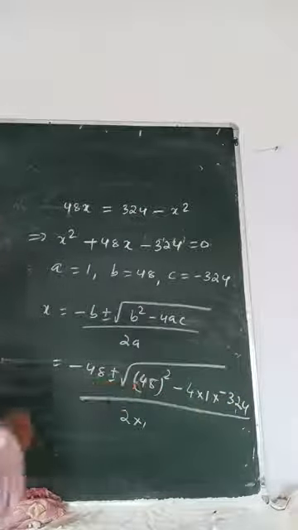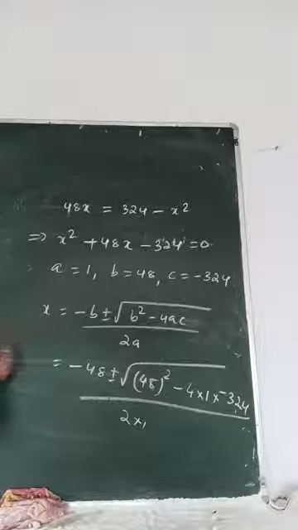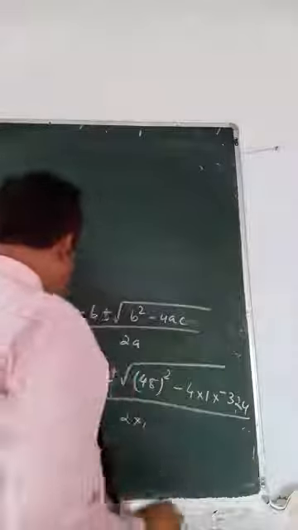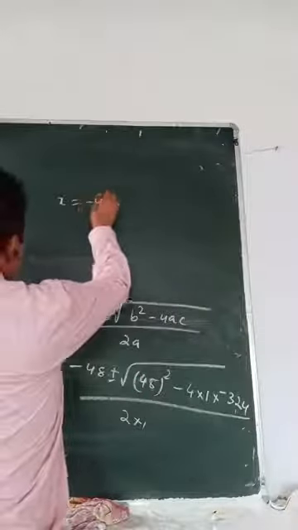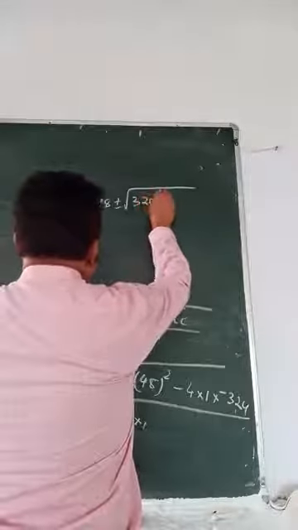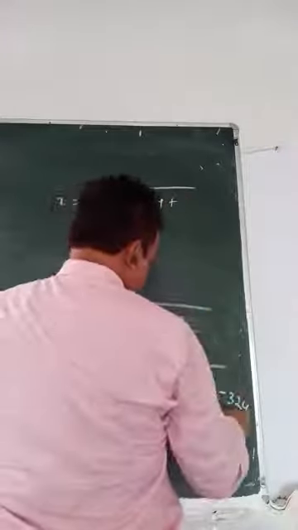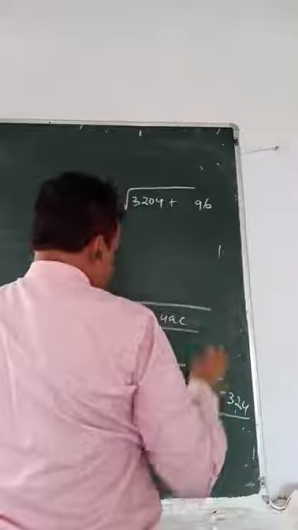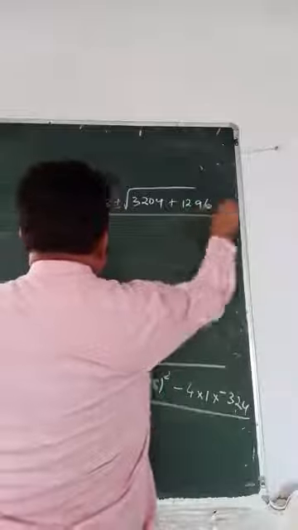So 48 square, how much find out? 8 8 64, again 64. So this is 2304. Okay. So you are finding x equals to minus 48 plus minus square root of 2304 plus, minus into minus is plus, 4 into 324 divided by 2.